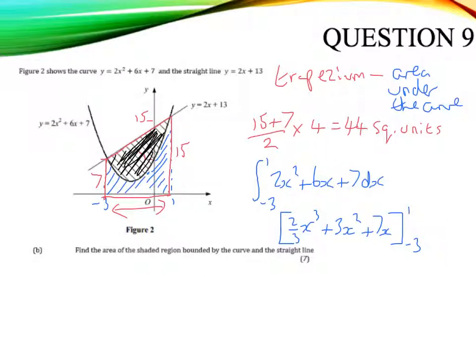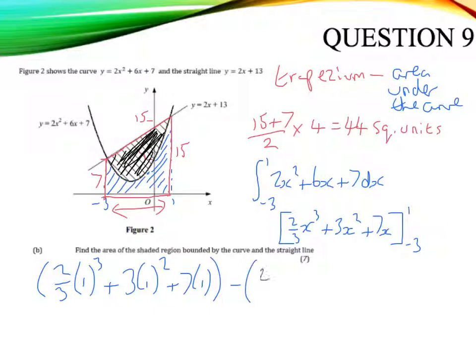So let's start substituting some values in and see what happens then. I'll work over here. We've got 2/3 of 1 cubed plus 3 lots of 1 squared plus 7 lots of 1 minus, and then we're going to put -3 in as well.